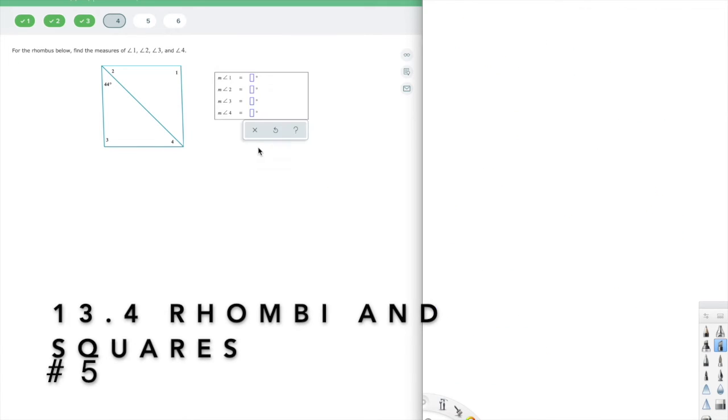All right. So for the rhombus below, find the measure of angle 1, 2, 3, and 4. So we have a rhombus. We don't necessarily know that it's a square, but we do know that it has some special qualities to it here. 1, 4, and 3. So we're given that this angle here is 44 degrees. Remember, if it says rhombus, I know that everything before that was true.